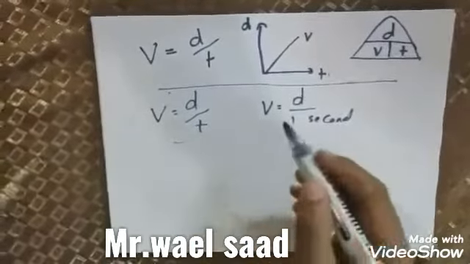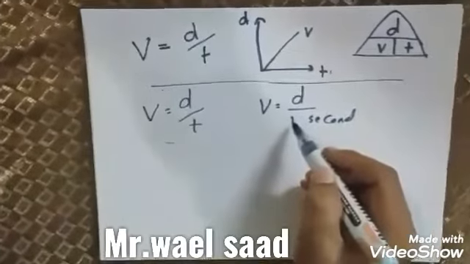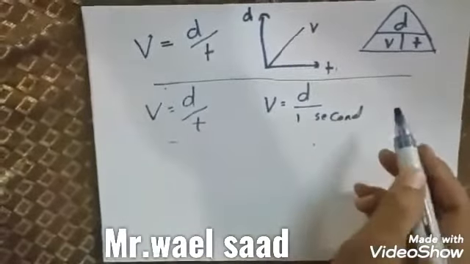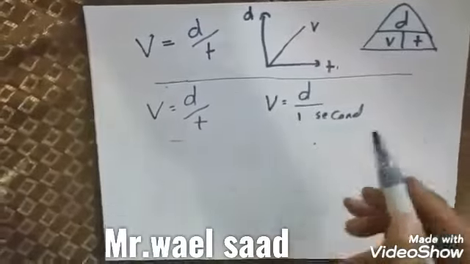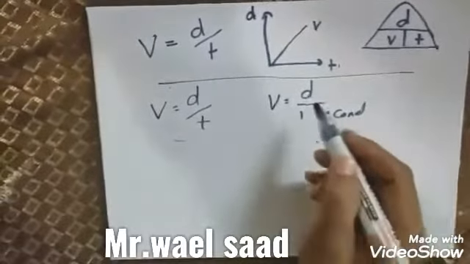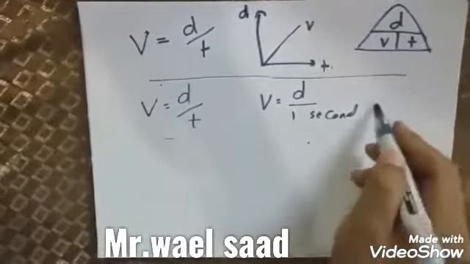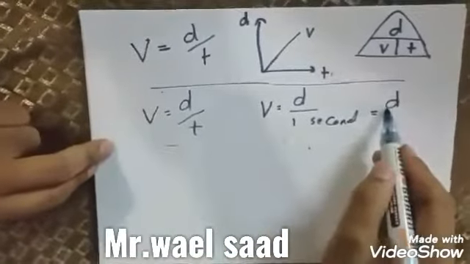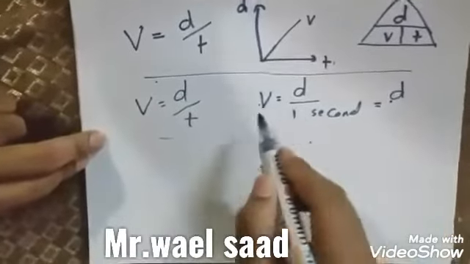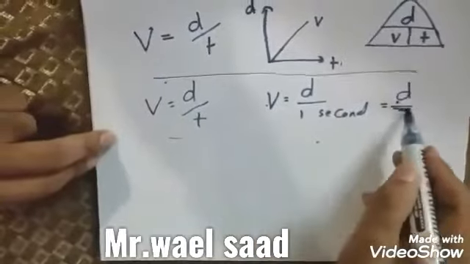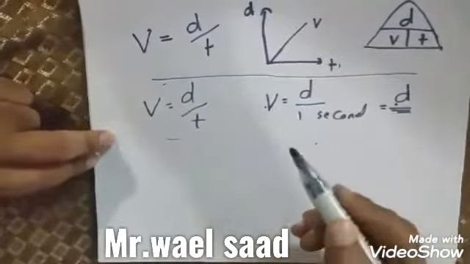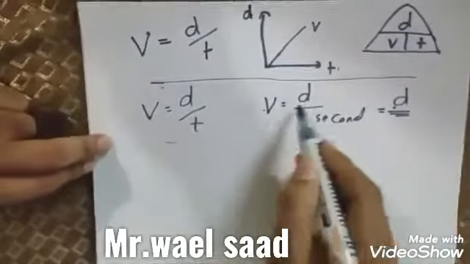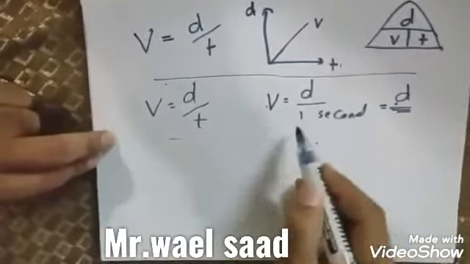So distance over 1 equals what? If I say 10 over 1, yes, 10. 20 over 1, yes, 20. 30 over 1, yes, 30. Distance over 1 equals distance. So here speed equals distance, when time is 1 second.